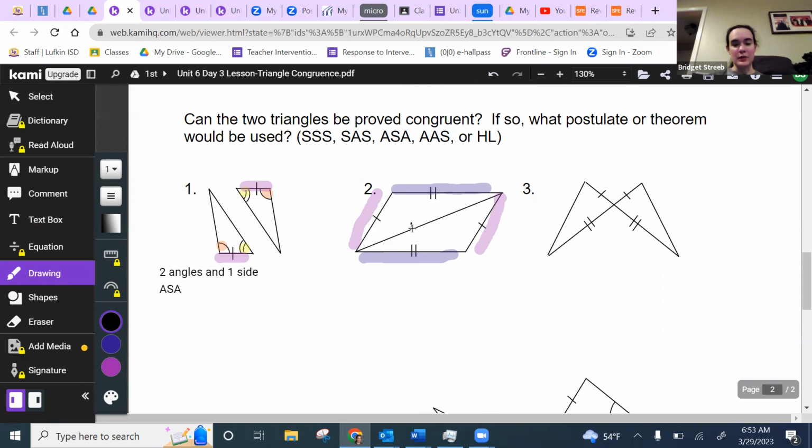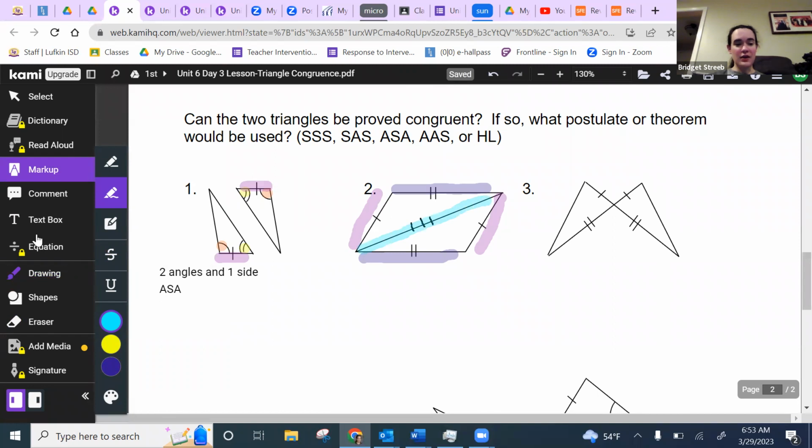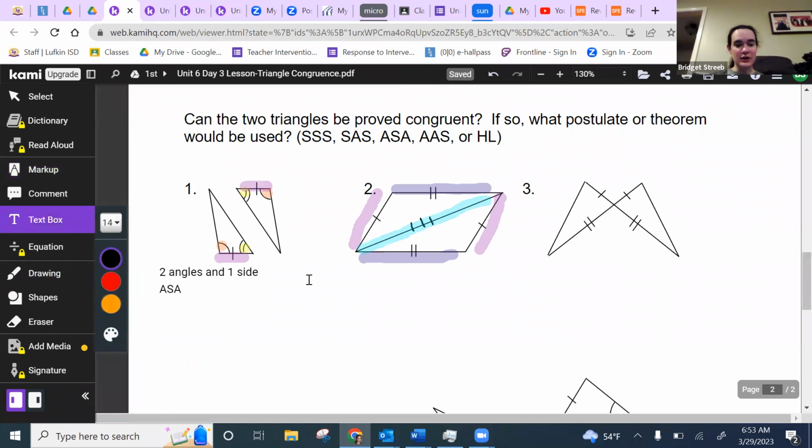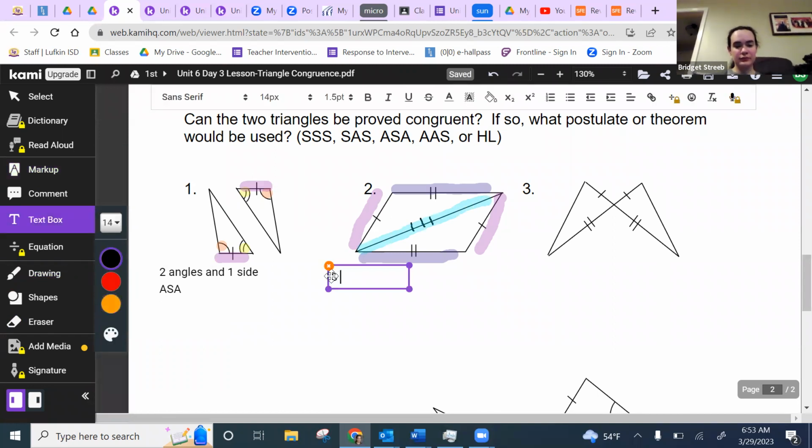When that whole middle line is shared, you can mark it, and you need to mark that middle line as congruent to itself. So that means we have three sides that are marked as congruent now. And when we have three sides that are marked as congruent, that means we have side, side, side.